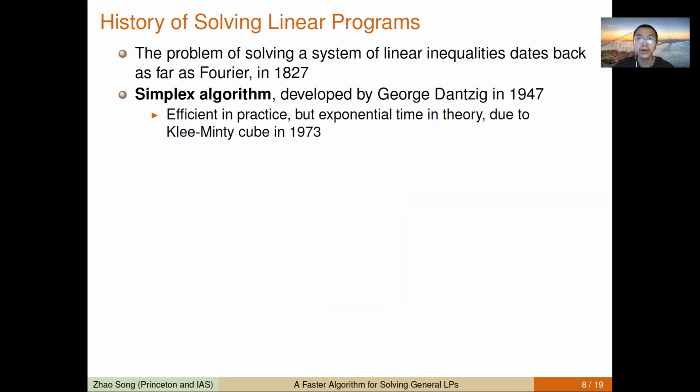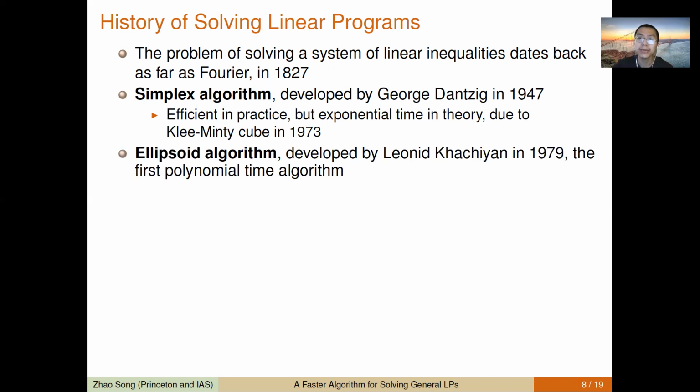This algorithm does a very good job in practice, but in theory it requires exponential time in the worst case, due to the Klee-Minty counterexample in 1973. Therefore, whether LP can be solved in polynomial time was a long-standing open question. In 1979, the ellipsoid algorithm developed by Khachiyan was the first time we knew how to solve LP in polynomial time.